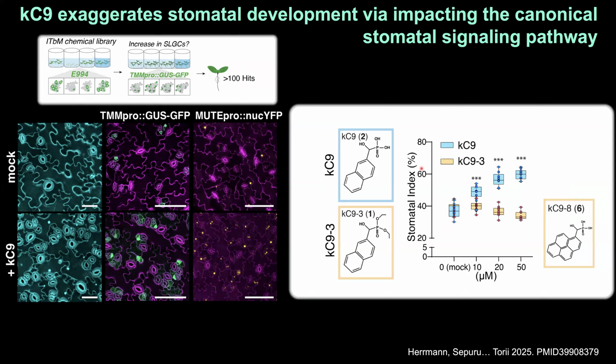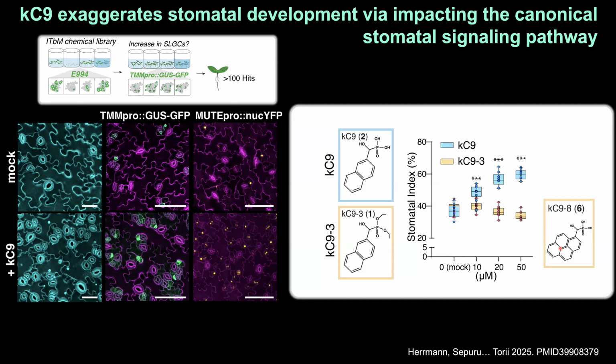We know that the phosphate residue as well as the naphthyl aryl residue are important: if you destroy the charge, it's no longer bioactive and does not increase stomata number, and if we make the aryl residue too large, it also becomes biologically inactive.